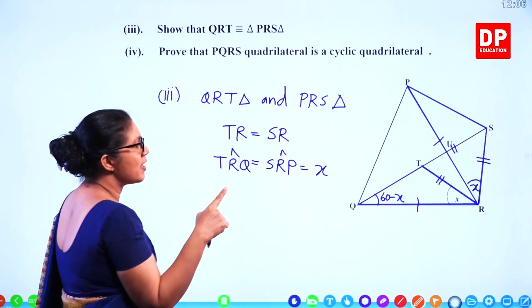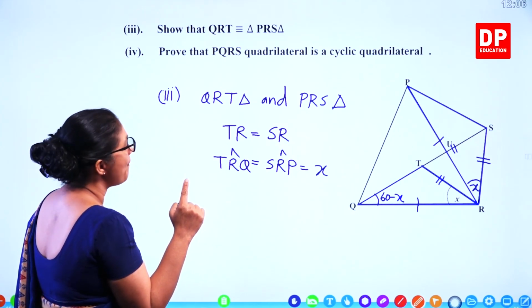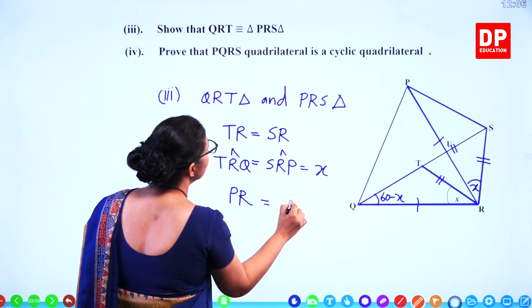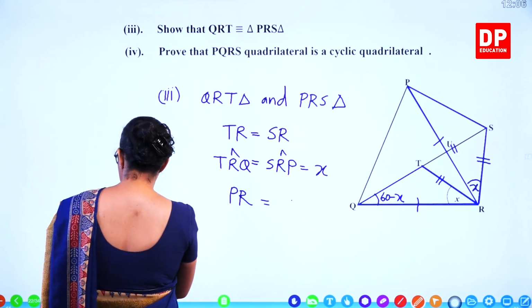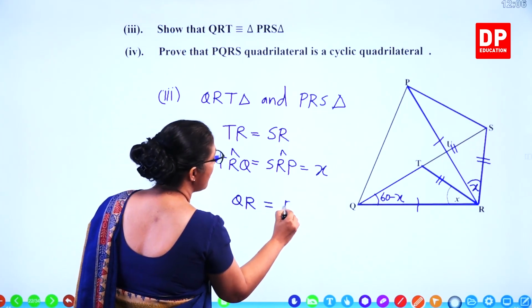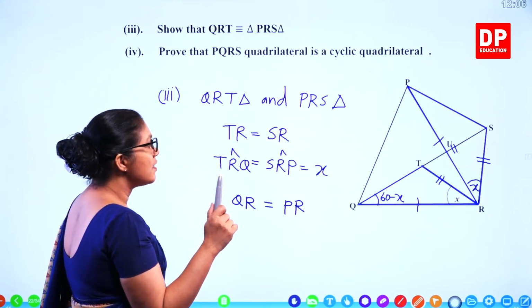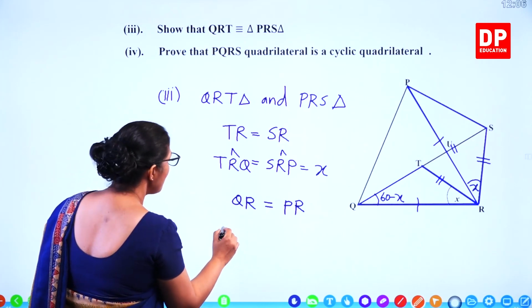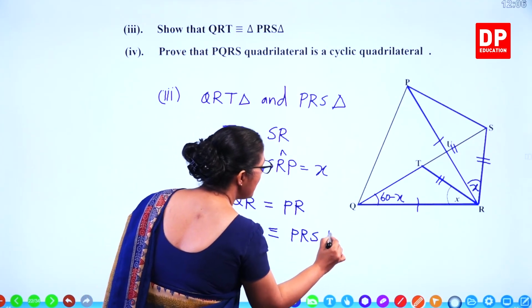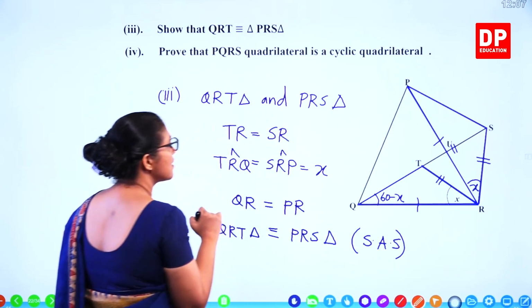That's because of PQR equilateral triangle. So we can say PR is equal to QR. So side QR equals PR. So side, angle, side. So the angle is included angle. So these two are congruent. So QRT triangle is congruent to PRS triangle because of side angle side, SAS.